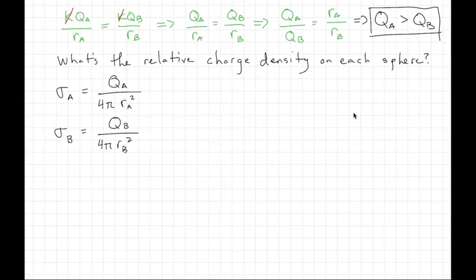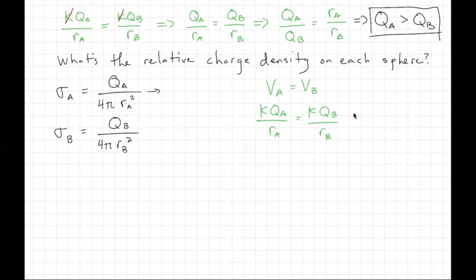But we still know that VA equals VB. That still says that KQA over RA is equal to KQB over RB. So we really want to write the charges in terms of the charge densities. So let me do that.